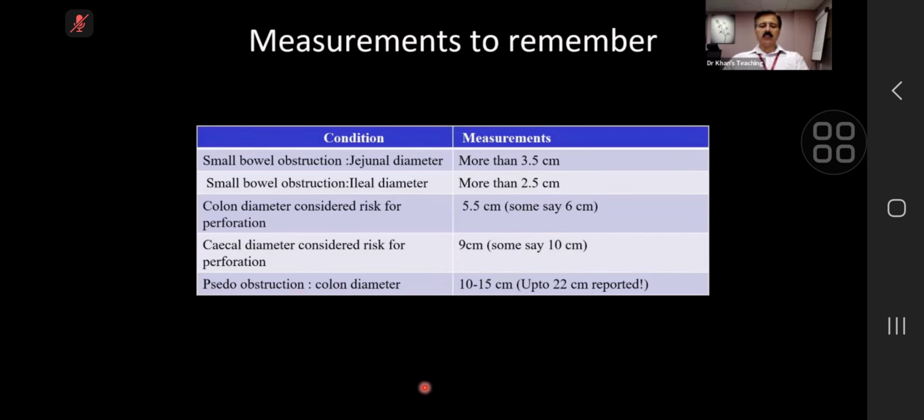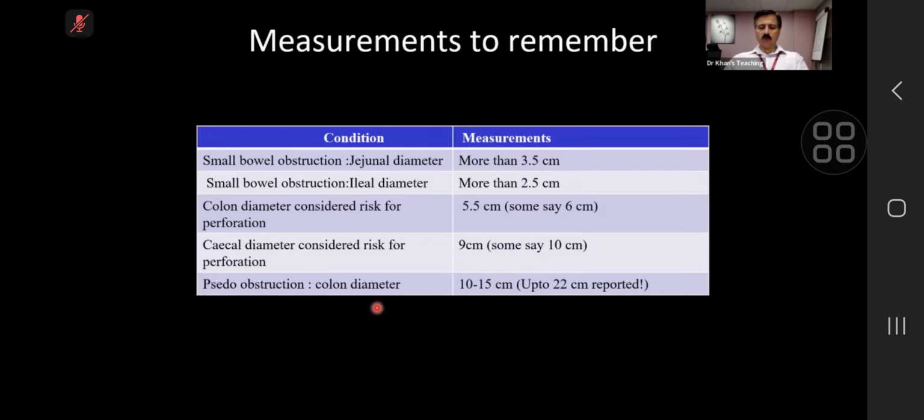Now, pseudo-obstruction is an entity which you will see in old age patients, and these patients will come to you with horrendous looking plain X-rays, and you will see on PACS old films, which will tell you that this thing was there since ever. These patients are usually bedbound.